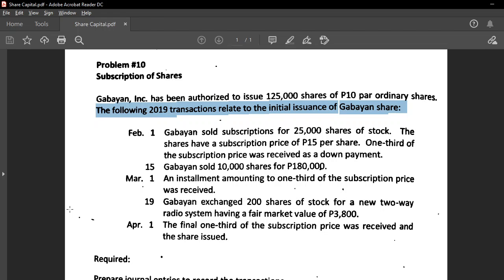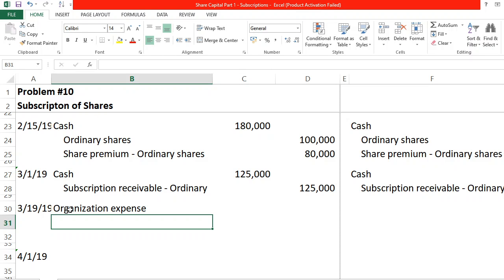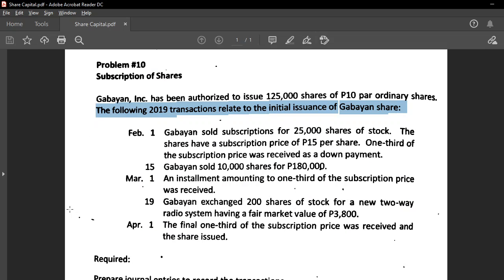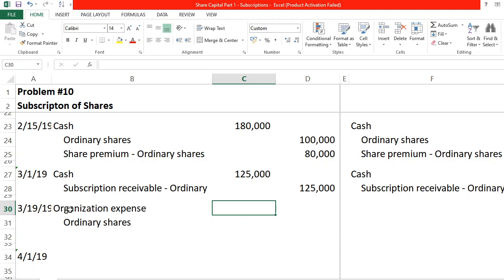So kung naay mga ingon ani nga klase sa expenses, we consider it as organization expense. So it's an expense, and instead of paying for the radio system, we have given them ordinary shares. Okay, so they want to hold a certain share in the company.